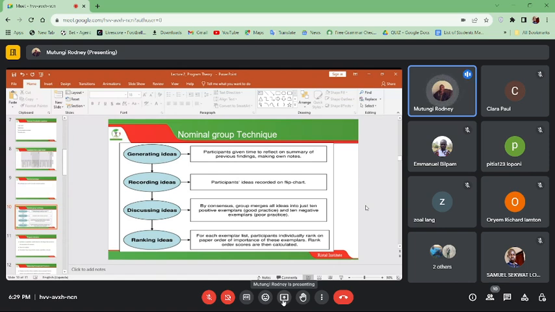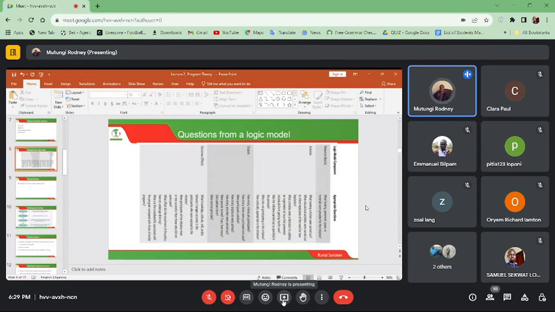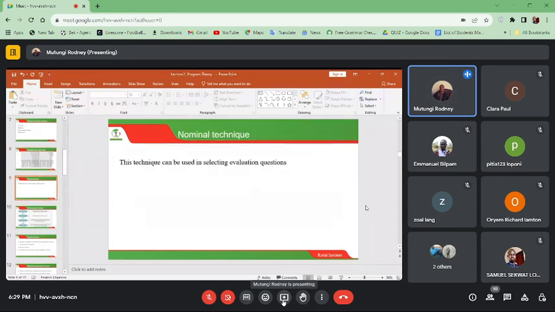Okay, which one could be the best example of what made our project succeed, and what wasn't done well and could be improved. So when you rank the two from the positive and the negative, you should be able to come out with some of those evaluation questions. But again, I would encourage us to use these questions from the logic model, which are very straightforward.